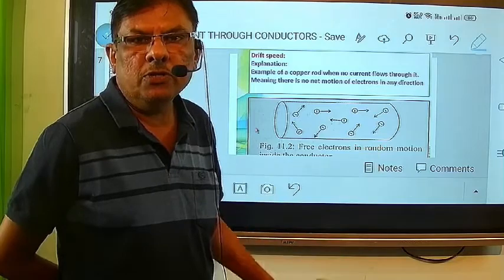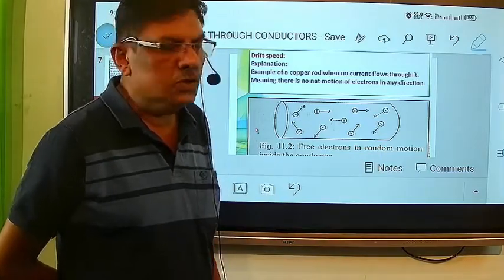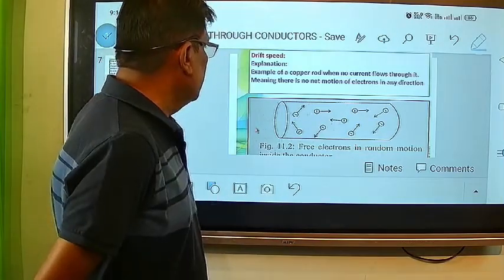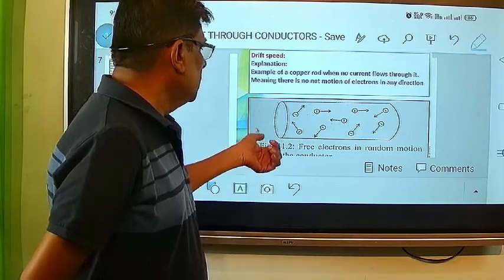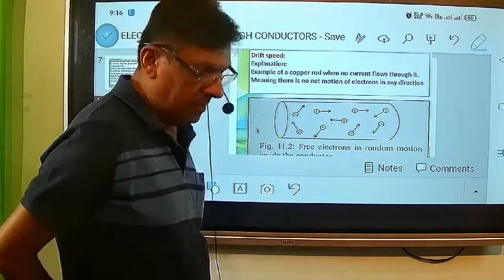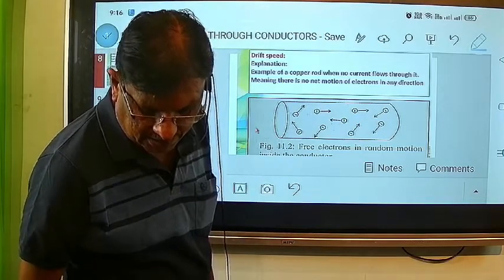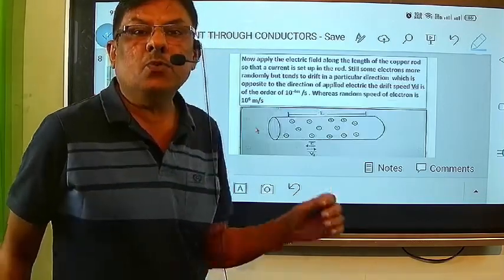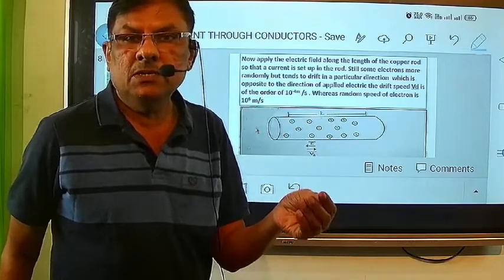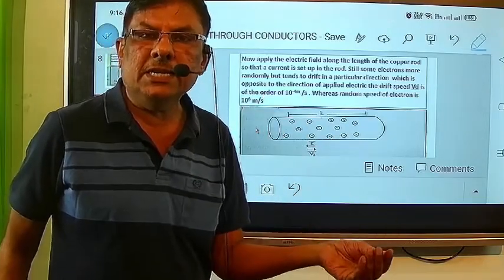They are not going to follow any principle. So hence, that time, we say that they are in random motion. This is the first state, without external electric field.